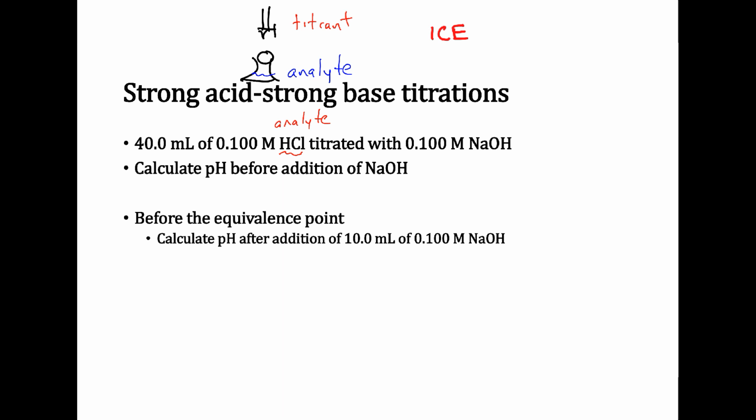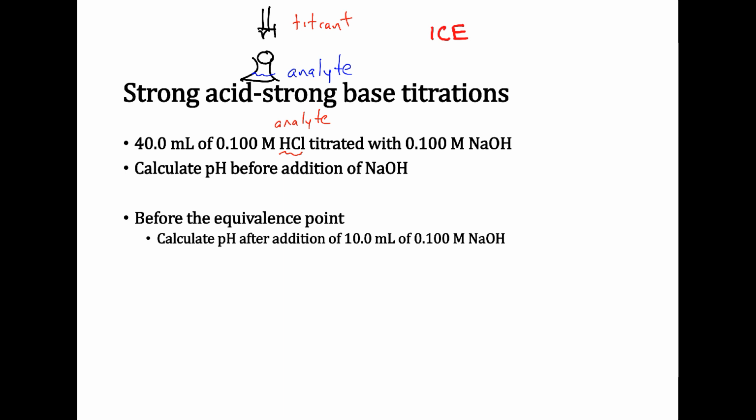So this first example, we're going to break it down into 4 different spots. We're going to look at the initial pH, the pH before the equivalence point, the pH at the equivalence point, and the pH after the equivalence point. The initial pH would be just like any other problem that we looked at with chemical equilibrium. So calculate the pH before the addition of sodium hydroxide.